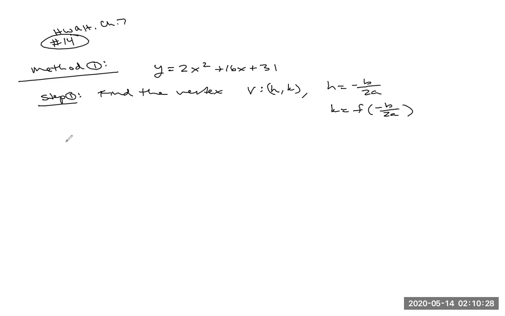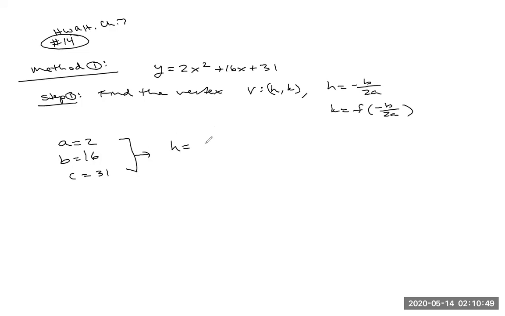Actually, let me go back a little bit. Let's find a, b, and c first. a is 2, b is 16, c is 31.